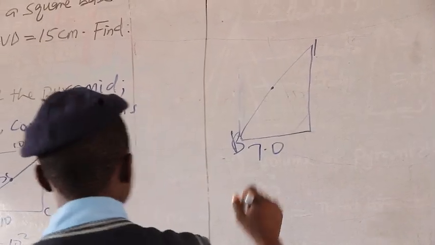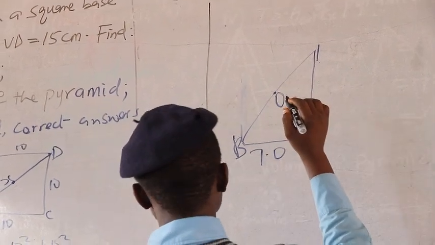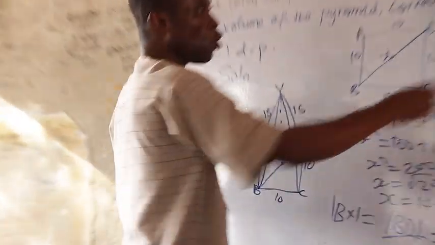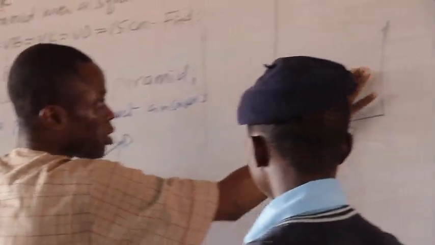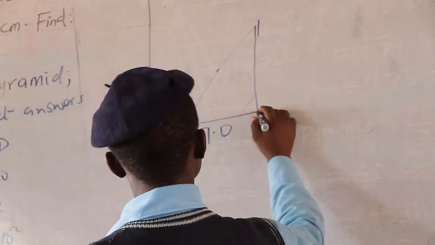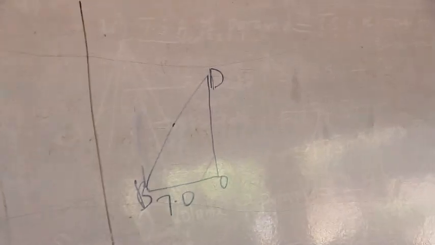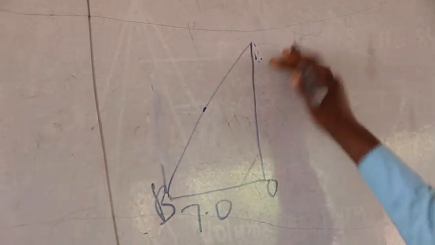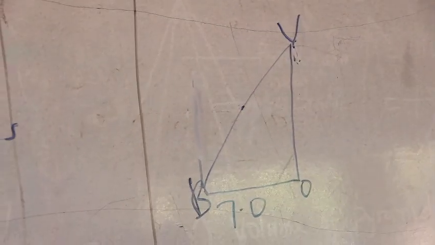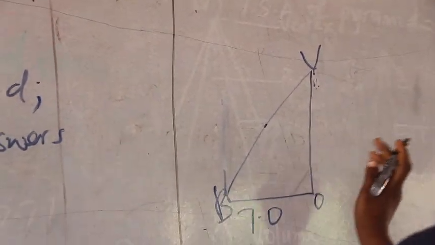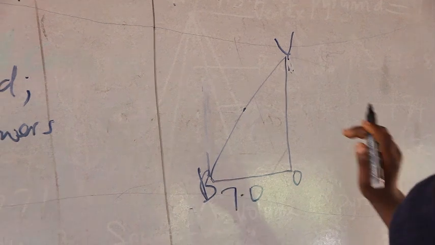Which point is this? O. O can never be here. This is BO. Look at the triangle. This is the triangle. Okay, that is not D. Sorry, that is D. Good.